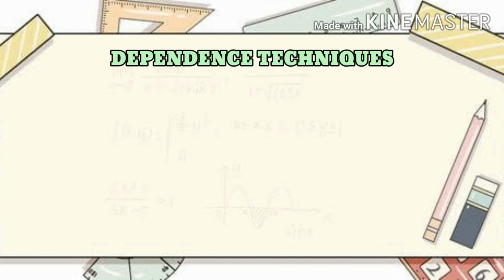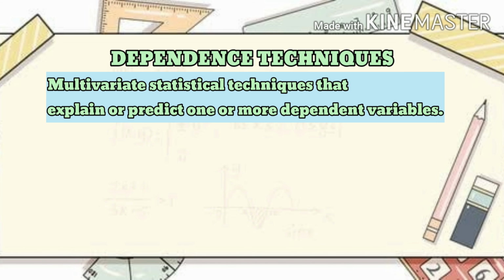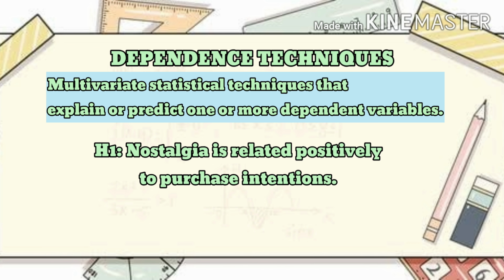Dependence techniques are multivariate statistical techniques that explain or predict one or more dependent variables. When hypotheses involve distinction between independent and dependent variables, dependence techniques are needed. For instance, when we hypothesize that nostalgia is related positively to purchase intentions, nostalgia takes on the character of an independent variable and purchase intentions take on the character of a dependent variable.